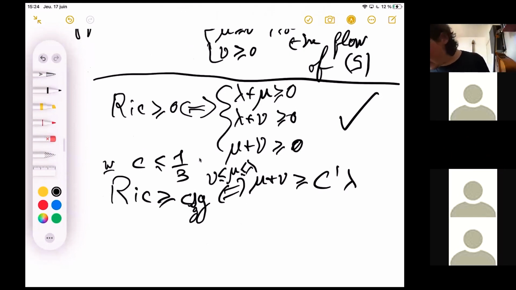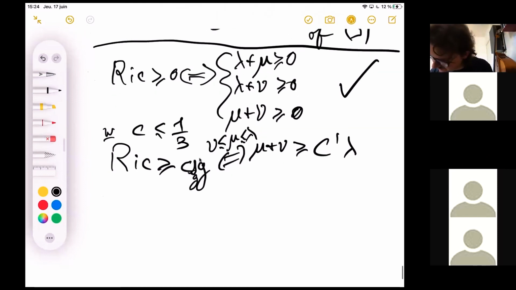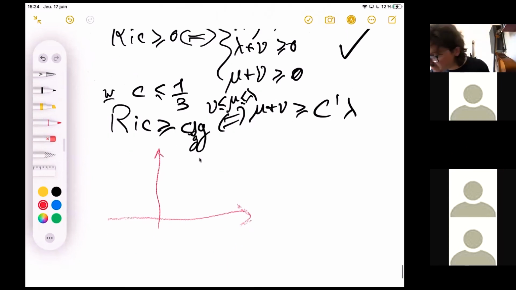But this is still not enough to show what we have. What we would like, so maybe, let me draw a picture. So we have this space of lambda mu nu. And let me assume that on that axis, I put the scalar curvature.